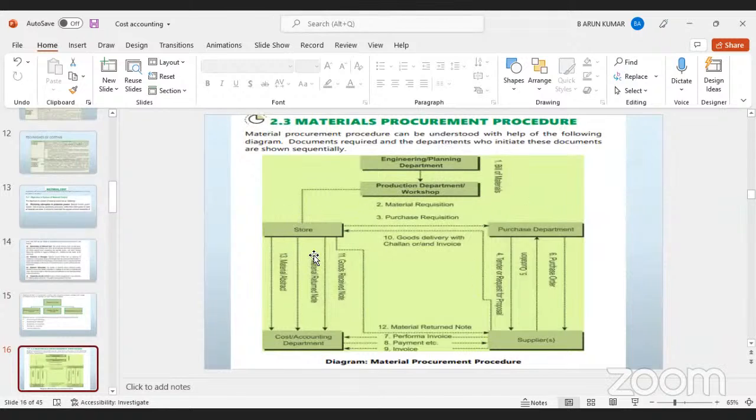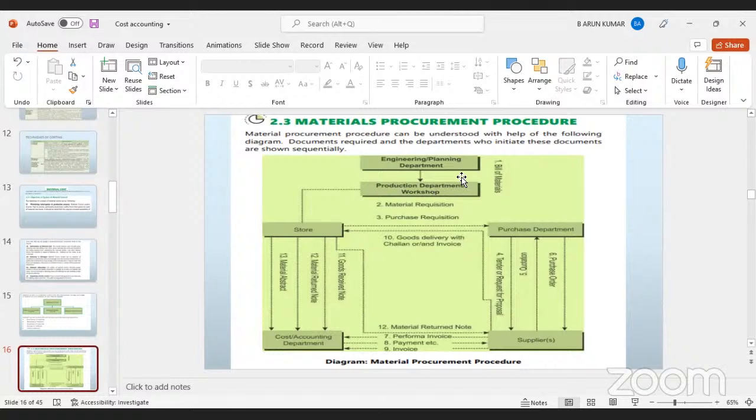Here there are different departments: stores department, cost and accounting department, suppliers, purchasing department, engineering or planning department, and production department. So we observe six different types of departments, and each department does its own activities.